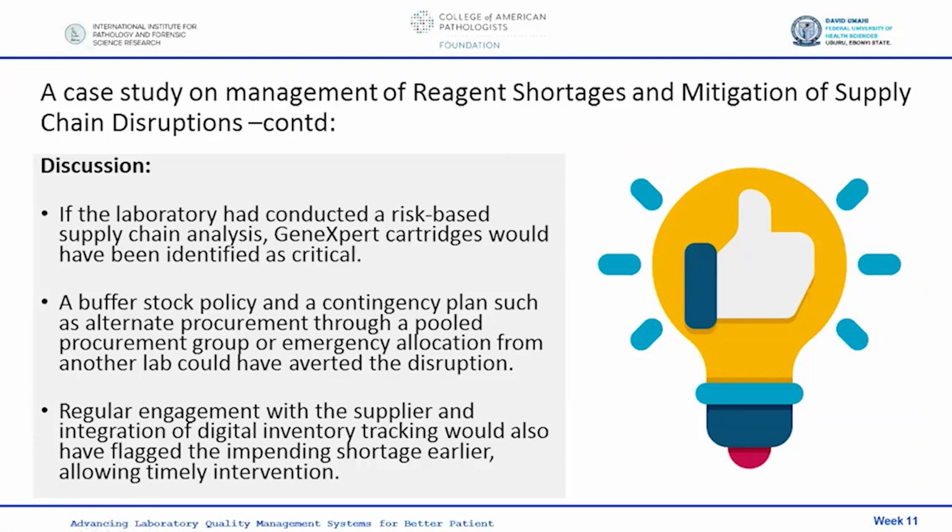Discussion. If this lab had conducted a risk-based supply chain analysis, GeneXpert cartridges would have been identified as a critical supply. A buffer stock policy, remember I mentioned and explained what buffer stock is, and a contingency plan, such as having an alternative procurement means or a supplier through a pooled procurement group or emergency allocation from another lab, could have averted the disruption.